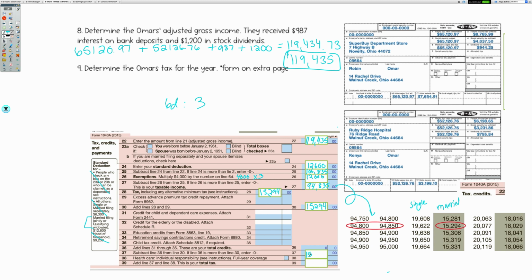These last few are just staying the same. I think I hid them because I didn't want it to give away the answer too soon. And with line 39, you'd add 37 and 38, but I accidentally blocked it. This was 0 also. 15,294, if you had any extra tax exemptions.